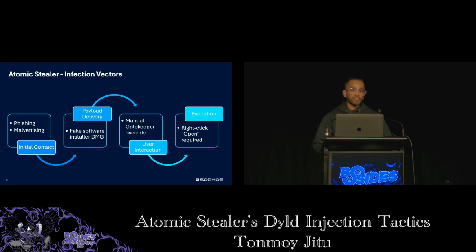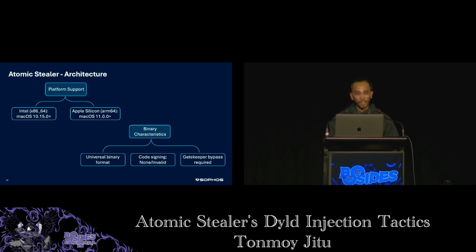The infection vector would pretty much look like either via a phishing campaign or via malvertising. So you'll have little pop-ups on Google browsers with sponsored ads, and it usually would ask you to download fake software installers, which you would use almost every day. It prompts the user to open the application by using right-click, which performs execution.